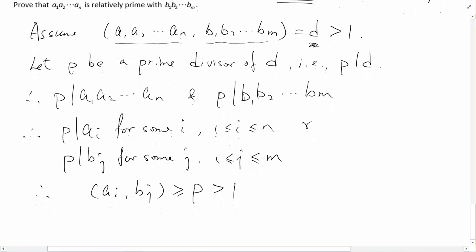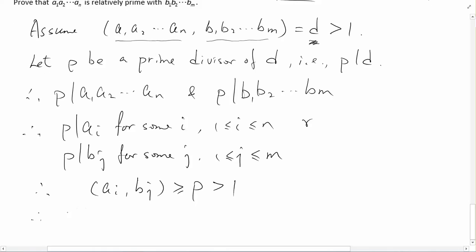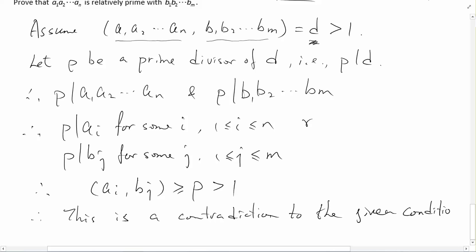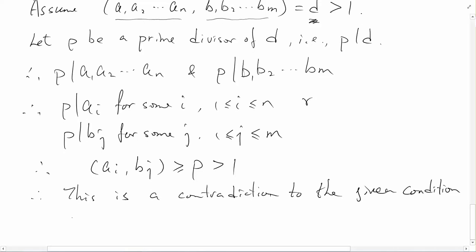Okay? So this is a contradiction to the given condition in the question. And therefore, our assumption is wrong.